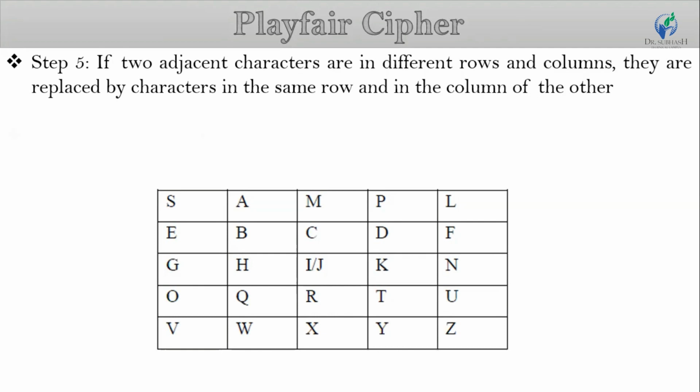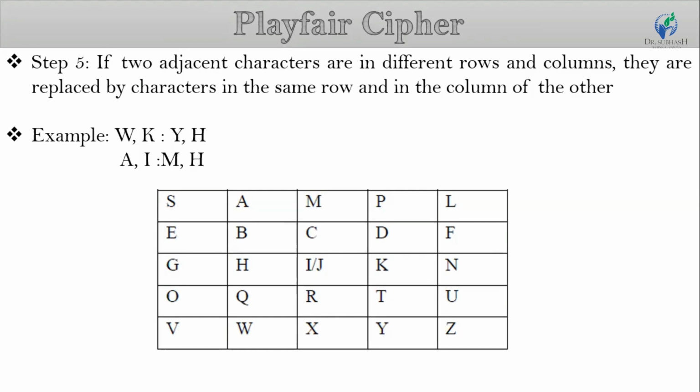For example, W and K. They are not in the same row or column. W occurs in the last row and K occurs in the third row. So based on that rule, we find the cipher alphabets Y and H.